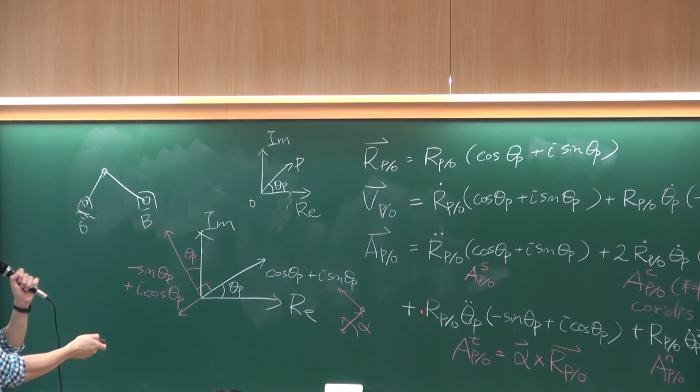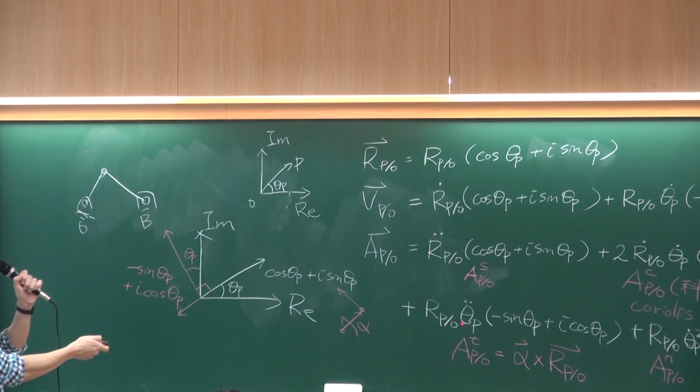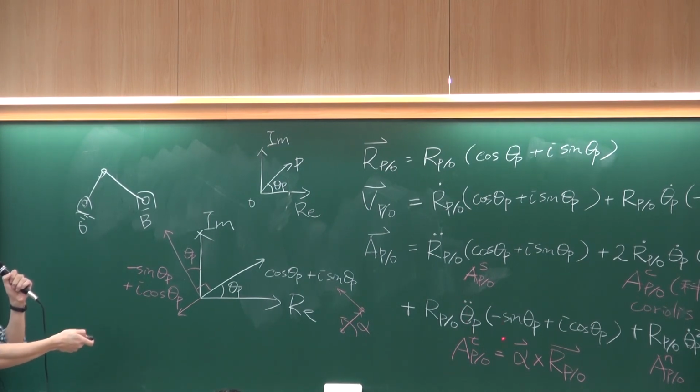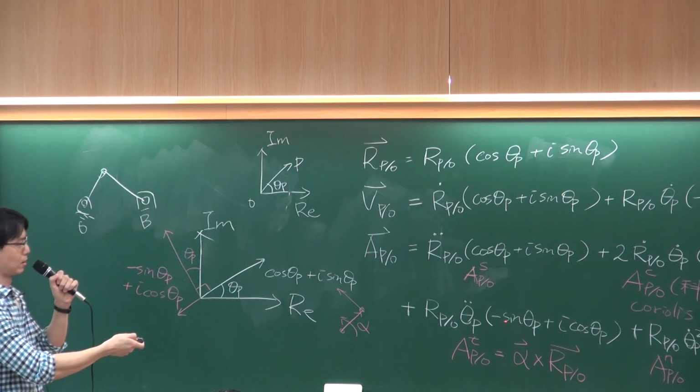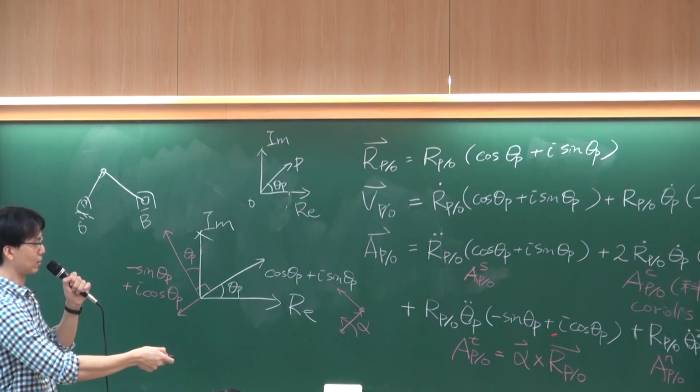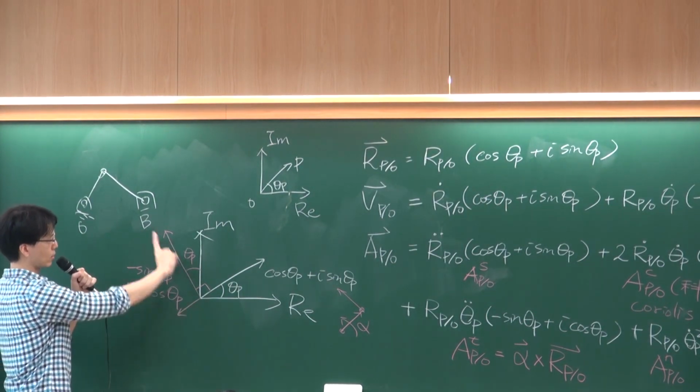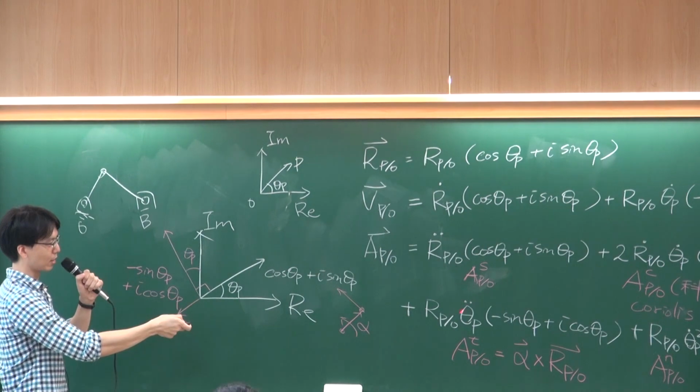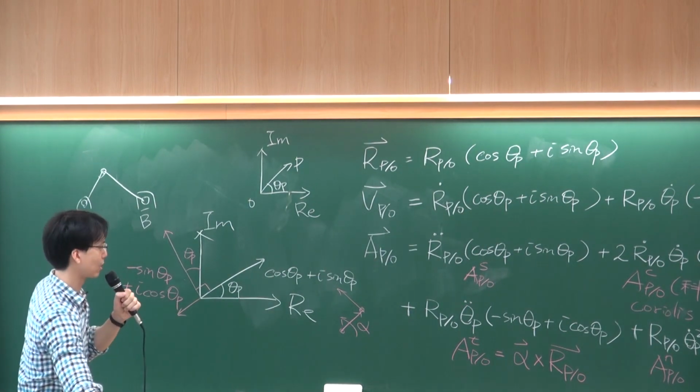And the tangent component might be different. We know this one is always positive, but this one could be positive or negative. So you may have a plus or minus sign here, and the unit component in this one is the same as this one. But because of this theta double dot, it's going to change the direction.